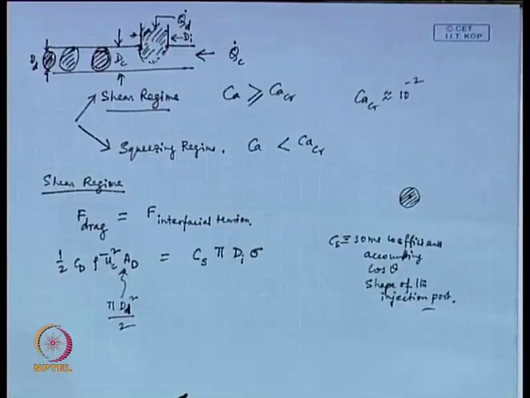The area would be pi d d square by 4 actually, but that is at the time when the droplet has been fully formed, and it would be 0 when the droplet has not formed.